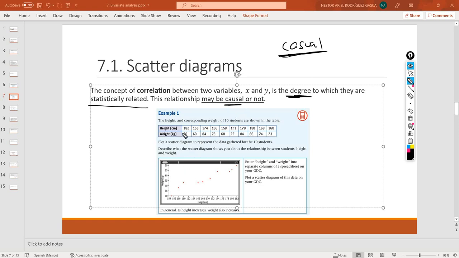For example, in this case of the 10 students measuring their heights and their weights, we can observe this diagram, and there seems to be some sort of relationship, right? What kind of relationship? The greater the height, the greater the weight, right? Now in this case, given our understanding of the world, there is causation, because the more height you have, the more mass you're going to put on in your body.